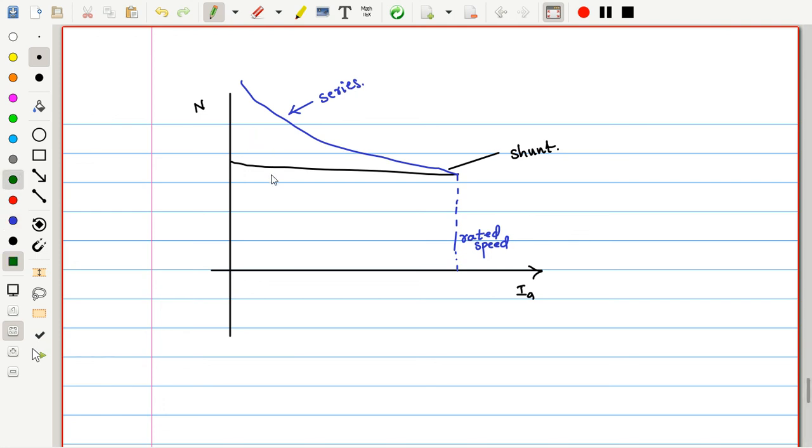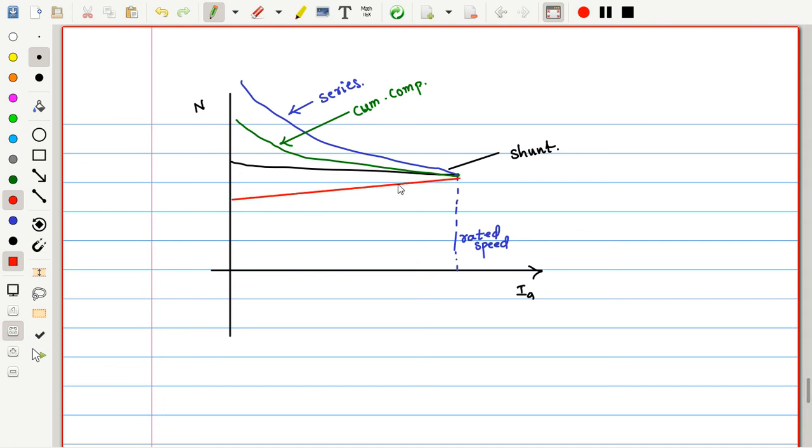If it is cumulative, it is above the shunt characteristics, like this green color, the cumulative compound DC machine. If it is differential, the flux will be low, so it will be under the shunt excited machine.